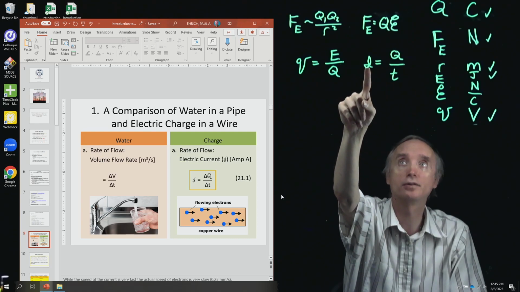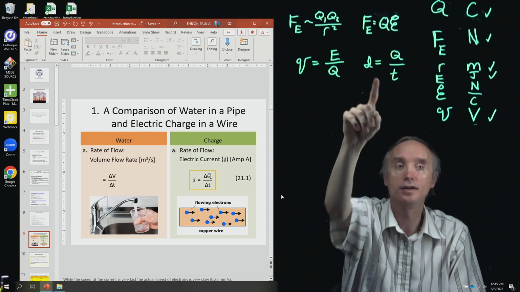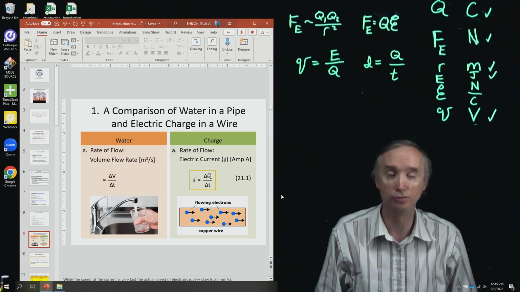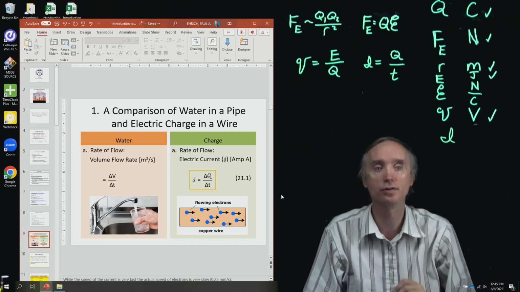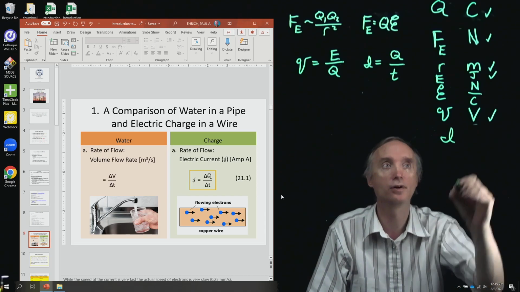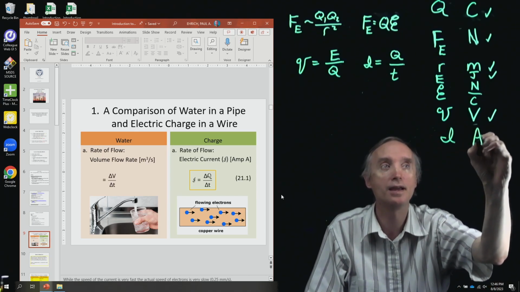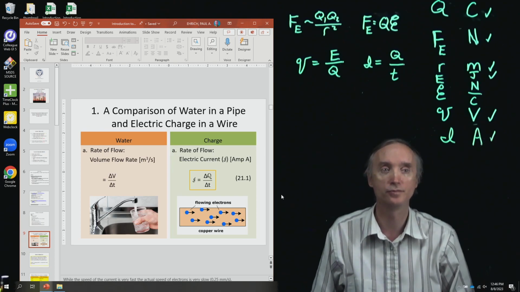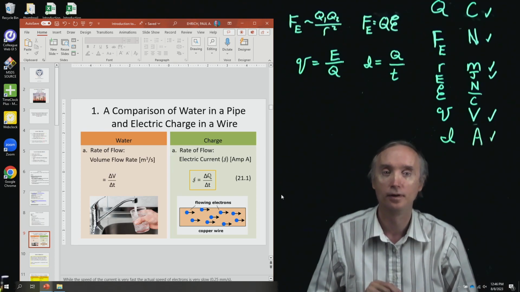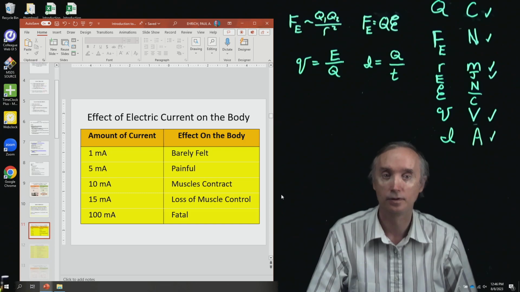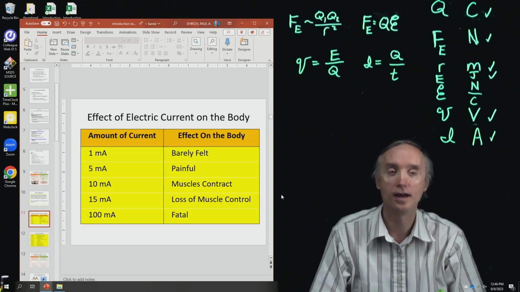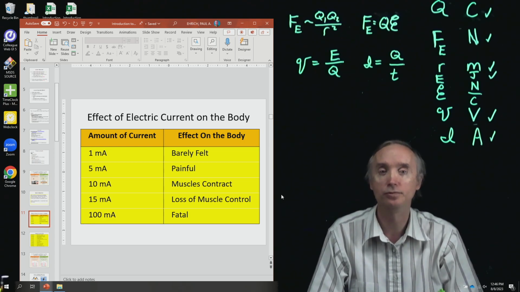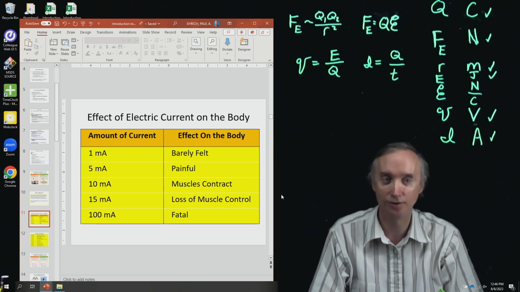So remember that electric current is the flow of electricity. And then the official metric unit for electric current is the amp, or the ampere. So you should know that. Okay, you should know that 1 amp of current can kill you.